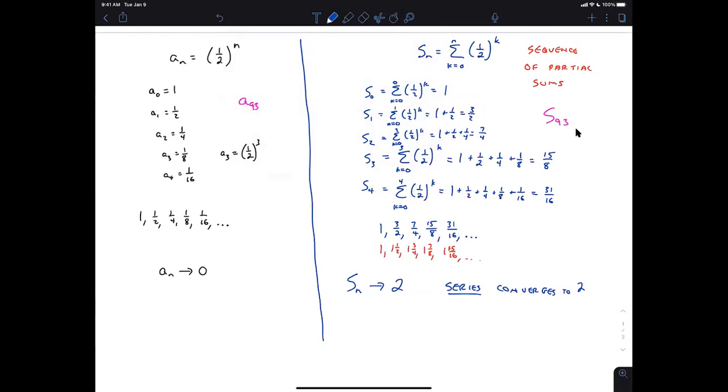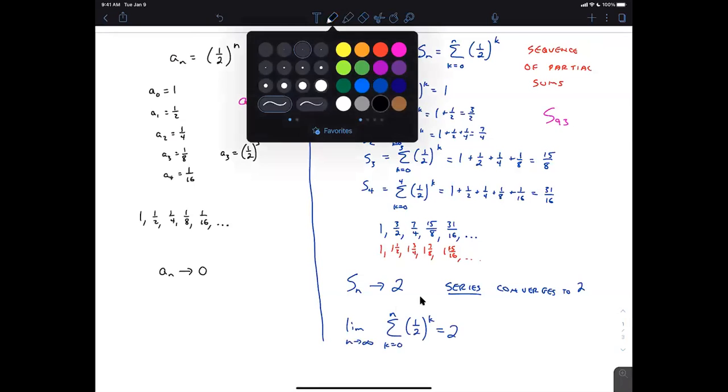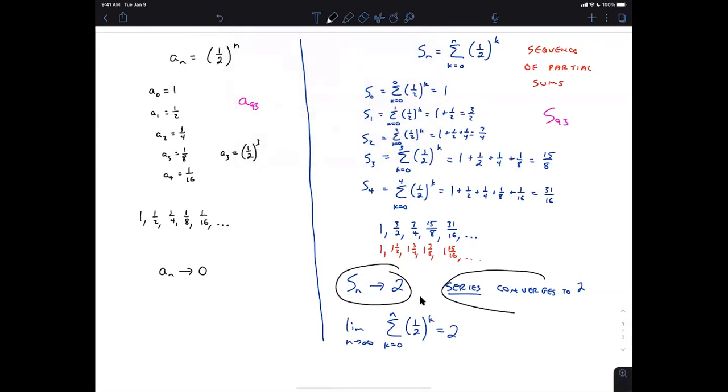We could also write the limit as n goes to infinity of the sum k equals 0 to n of 1/2 to the k equals 2. All three of these statements mean exactly the same thing.